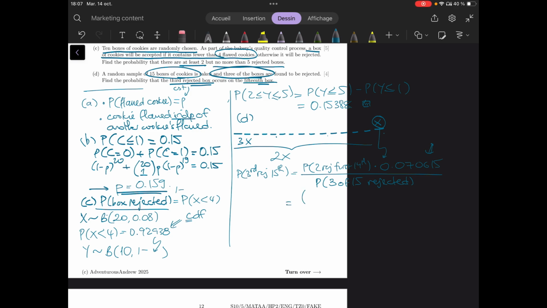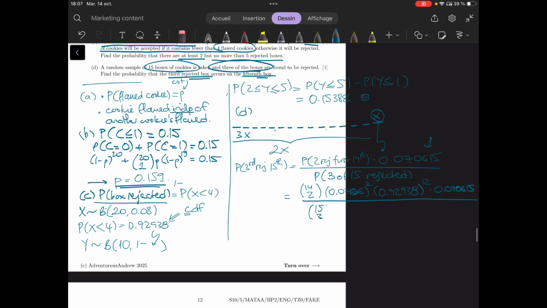2 of the 14 boxes are rejected. This is 14 choose 2, probability of rejected squared, and this guy to the 12 times this probability, divided by 15 choose 3, P of rejected cubed, P of not rejected.